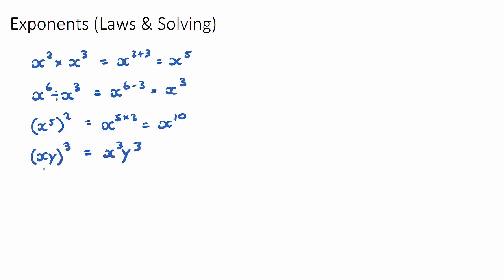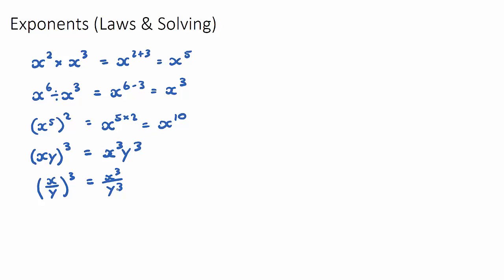Okay, so if this is being multiplied in here, x by y cubed, they're both to the power of 3, and we can just write it as x to the power of 3 times y to the power of 3. So that's just a basic rule there. Now this is the same as if we are dividing. So if we have x over y cubed, if you ever have a fraction to a power, we just power both of them. So it'll be x cubed over y cubed.